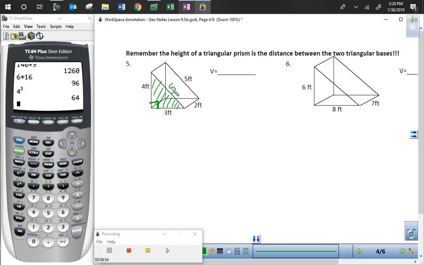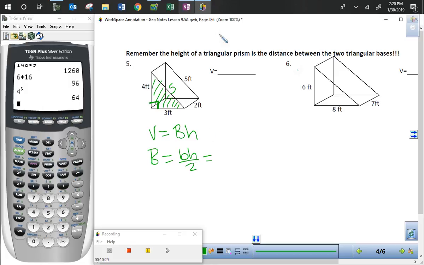Now our volume is all we're looking for here. Volume is exactly the same here. It's base times height. But what's different here, that capital B is the area of the base, and for us, the shape has changed, so the formula changed. Since we got a triangle here, we're doing base times height over 2. So base times height over 2.